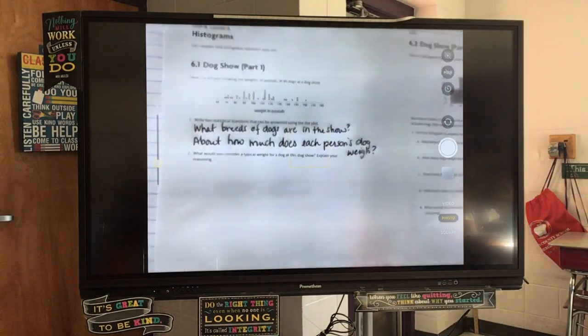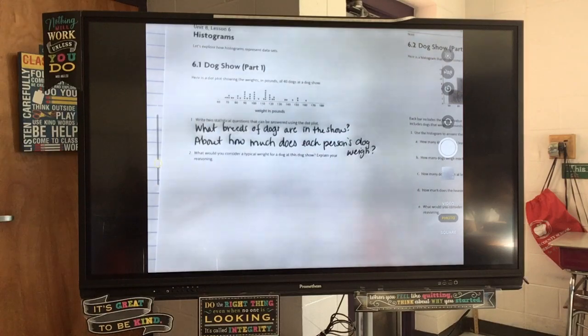Does anybody else want to share theirs? What is the weight of every dog that is under 100? What was the weight of every dog that weighs under 100 pounds? Okay. All right, anybody else?